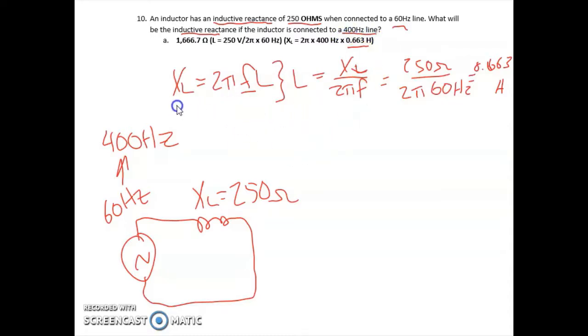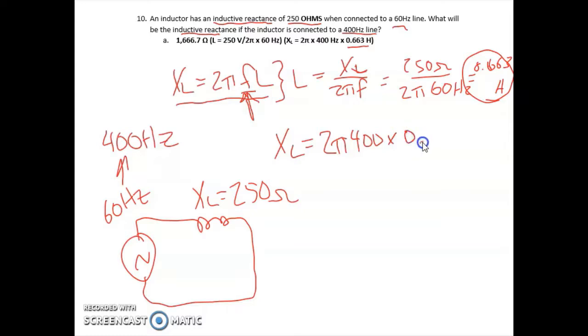Now we're raising the line frequency up to 400. We go back to this formula, and now this value is going to be 400. So the new inductive reactance, the new X of L, is going to be 2 pi times f, which is 400 hertz, times the inductance that we solved for in the first step, and that equals 1667 ohms, or 1.667 k ohms.